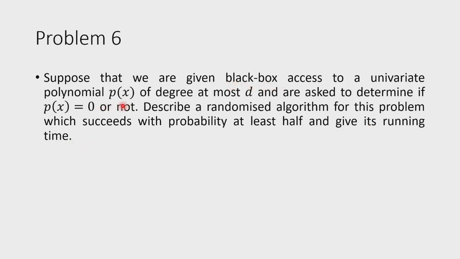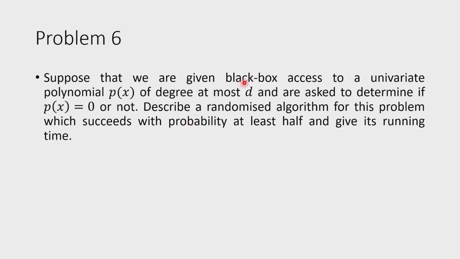So in this question we are asked to come up with a randomized algorithm for this problem. What's the problem? I give you black box access to a polynomial. What do I mean by that? You don't actually get to see the polynomial, but you have oracle access to it. So for example, if I want to evaluate the polynomial at a certain point, I can do it, but I don't get to see what the exact polynomial is.